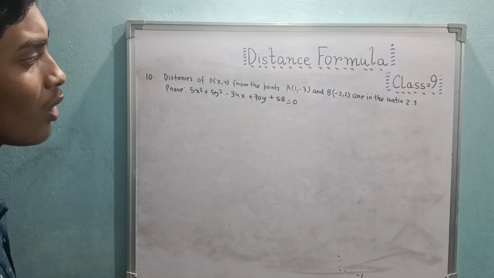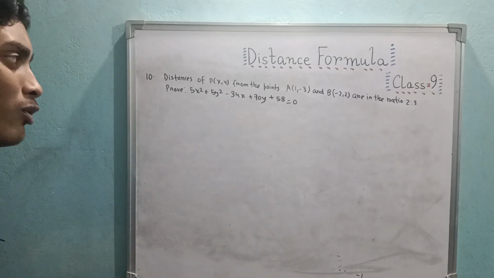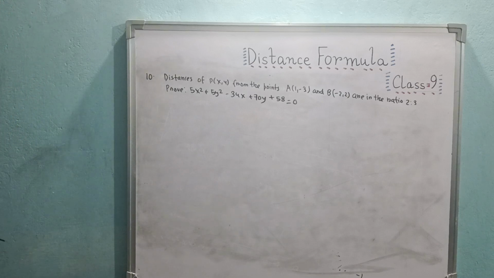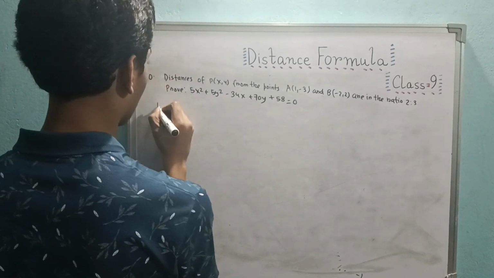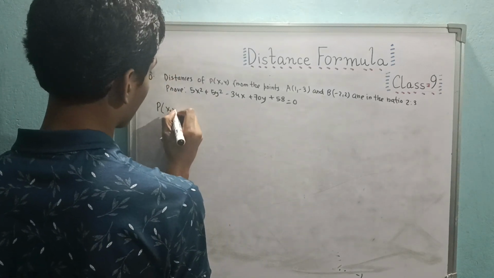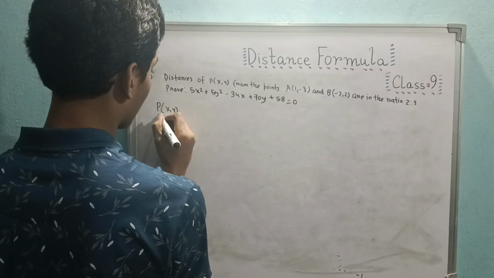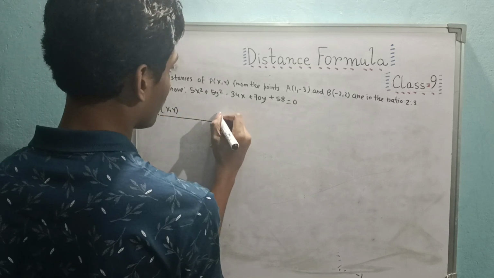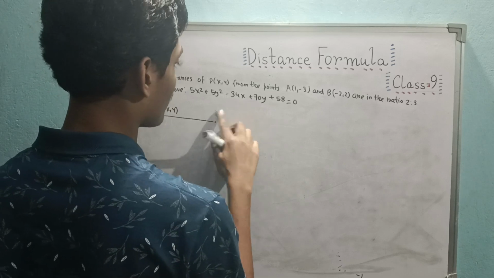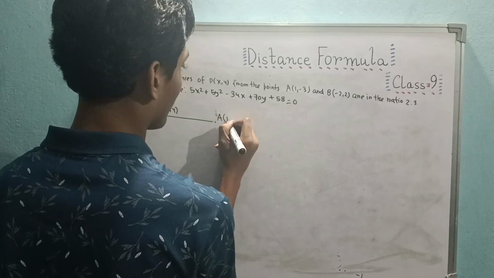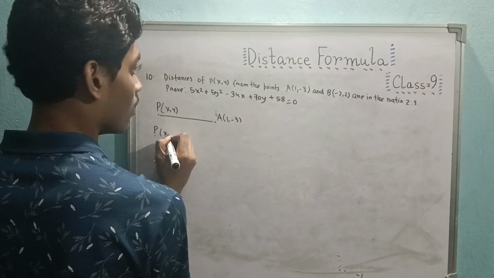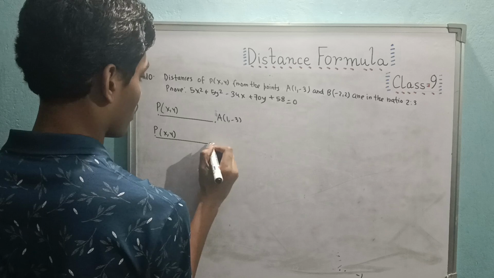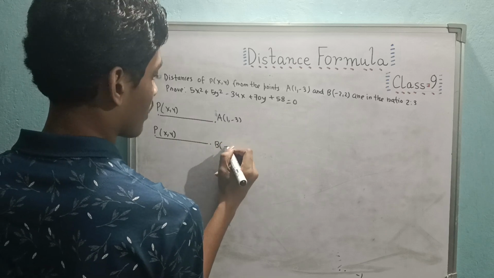I hope you remember root of (x2 minus x1) whole square plus (y2 minus y1) whole square for any 2 points (x1, y1), (x2, y2). Suppose P(x, y) is one point, from here up till A, and this again from P till this point, B(-2, 2).